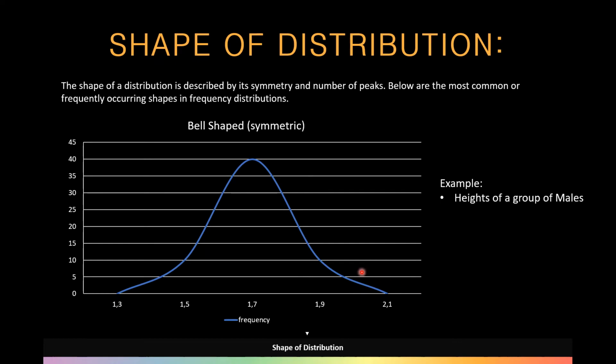And it almost has a symmetric shape to it, suggesting to us that the bulk of males have a height of 1.7 meters or around 1.7 meters, and only a handful of males are considered to be on the shorter side of the scale and the very, very tall side of the scale. So they have heights amongst 1.3, 1.5, 1.9, and 2.1 meters.